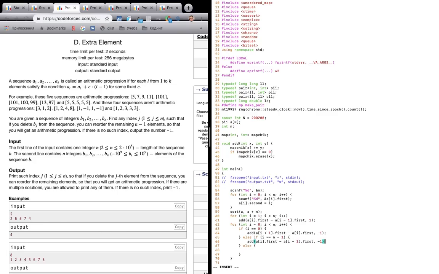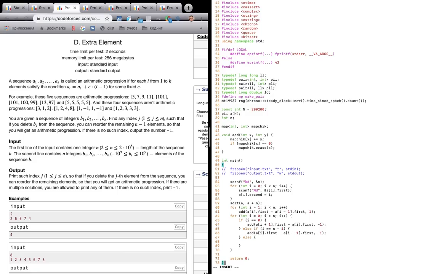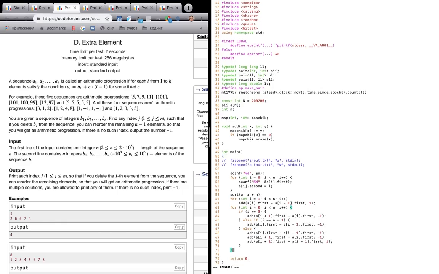And in this case, we remove two differences and add one. It's not the best solution, and I guess it has a very bad constant factor, but I hope it will be enough.